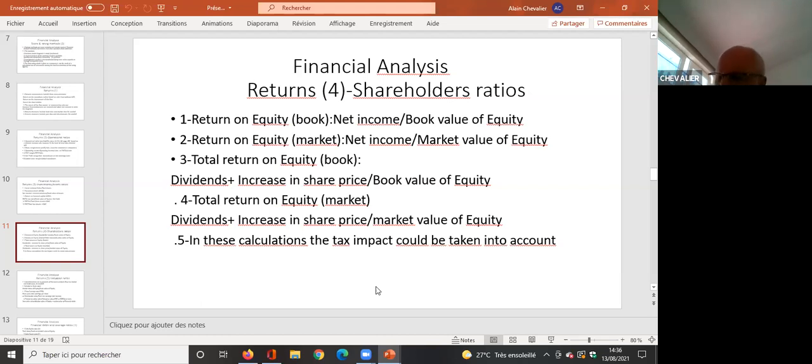The first one is based on accounting and traditional financial analysis. If the shareholder has a knowledge in finance and financial analysis, he would say, okay, I'm interested in the relation between the net income, net earnings, because net income and net earnings in fact belong to the shareholders, and they will decide what to do with them at the annual meeting.